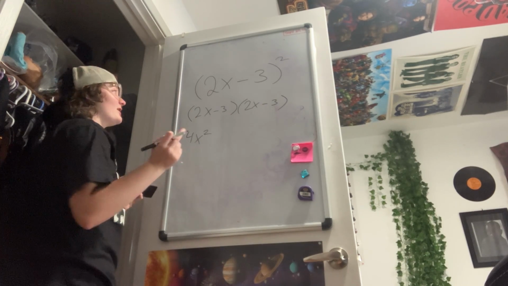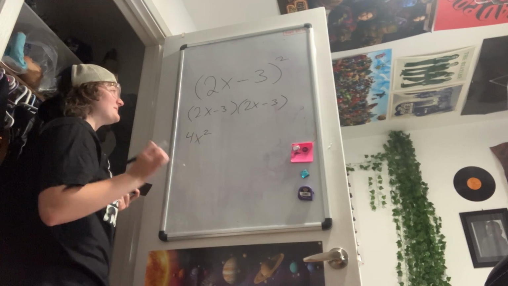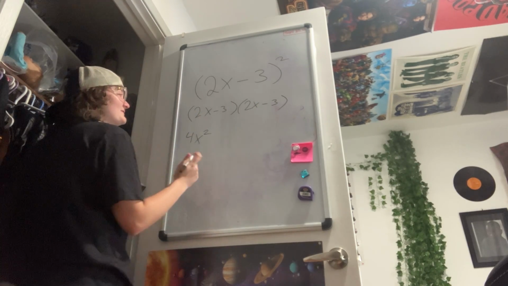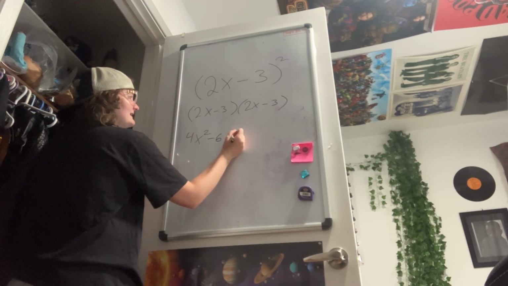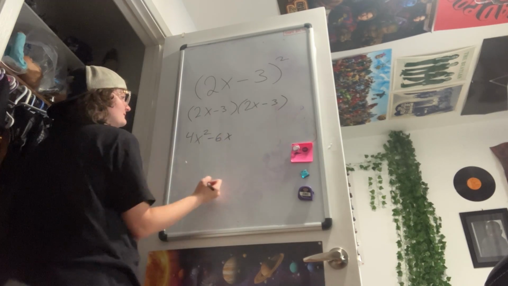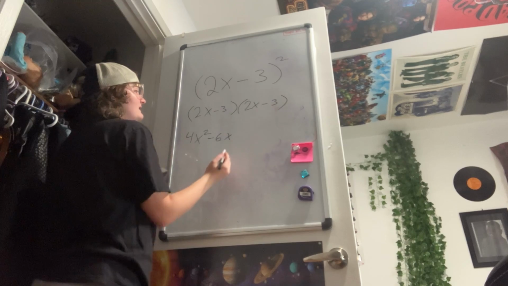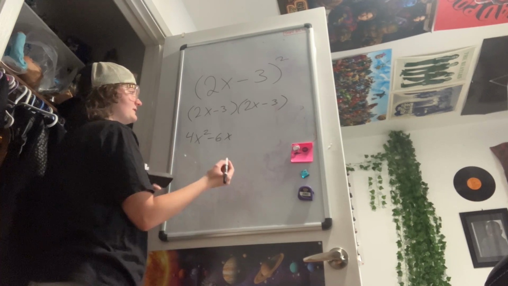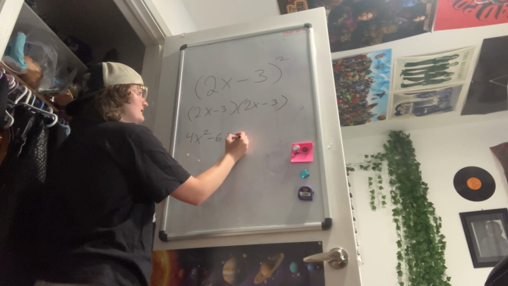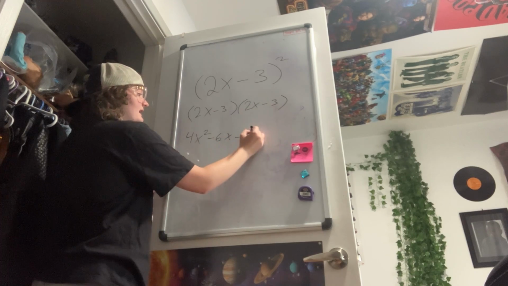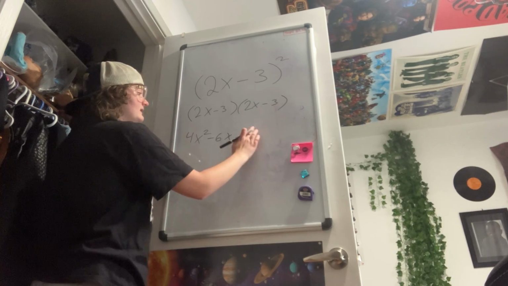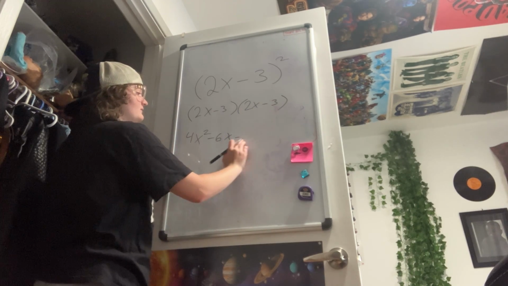Sorry, I can spell, I promise. O is outside, so 2x times negative 3 would be negative 6x, because 2 times negative 3 is negative 6, and we're adding the x. Inside is negative 3 times 2x. Negative 3 times 2 is negative 3, and then we add the x. No, negative 3 times 2 is not 3.